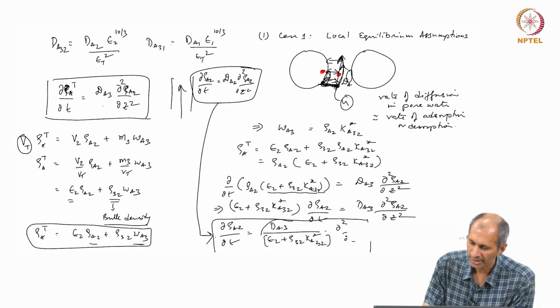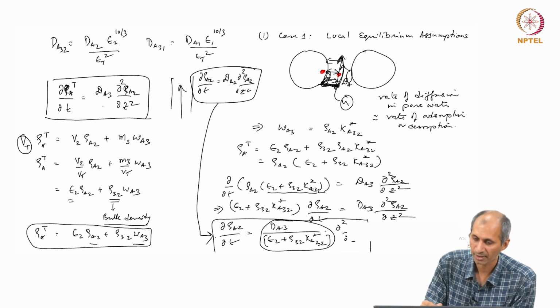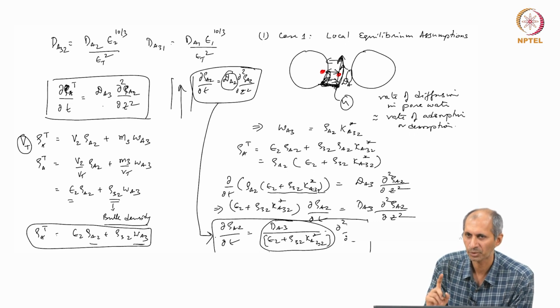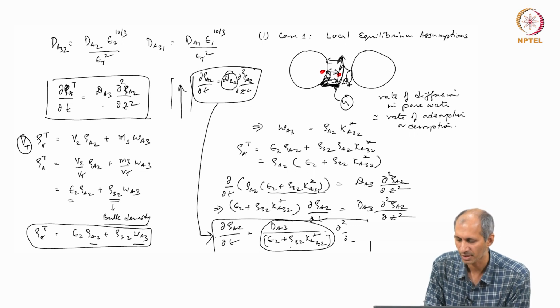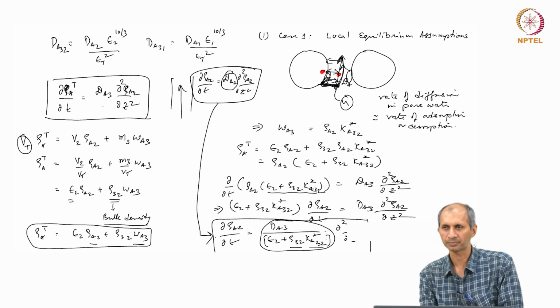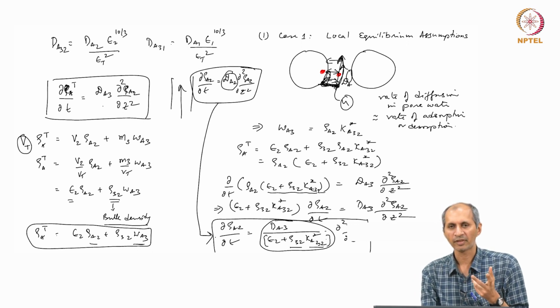This entire term, if you look at its magnitude, is very much smaller than this term here, for two reasons. One is dA3 is there. The second reason is in the denominator, there are these two terms, rho 32 and Ka32. This represents the value of Ka32, the partition constant.